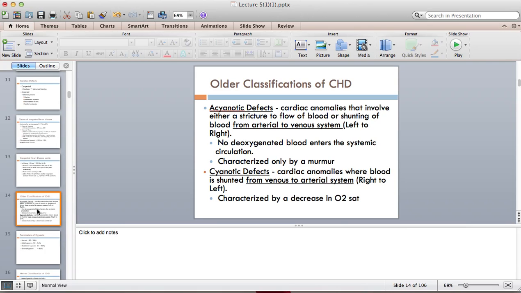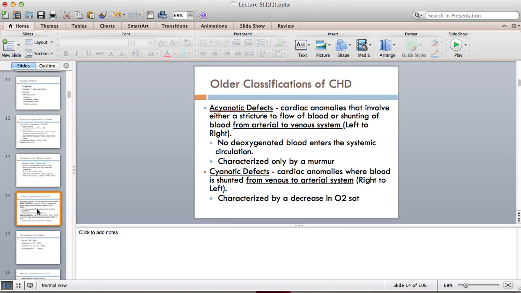But they found out that with classifying it that way, sometimes the patient may not be truly cyanotic, or they are supposed to have a blue tongue, but they're not really because of the way their body is compensated. But anyway, I put this here so that you will be aware that there was an old classification, and then I'll do a comparison between old and new.